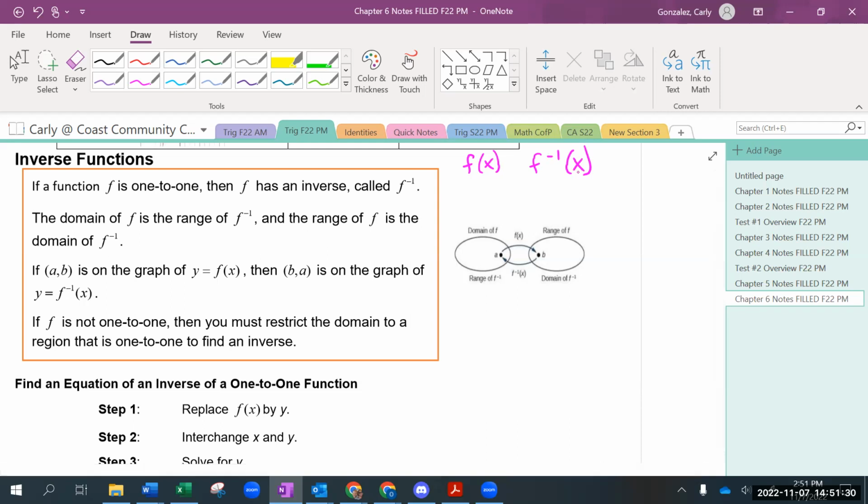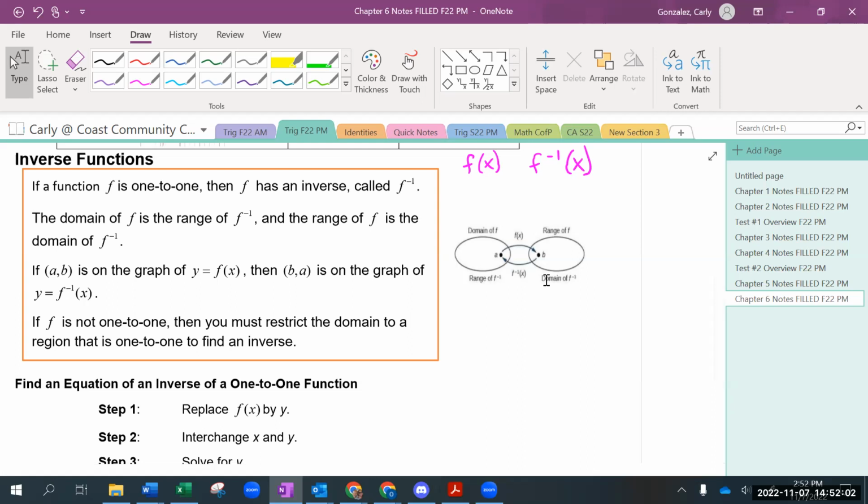So f inverse of x. If the function takes a to b, then the inverse function will take b to a. Therefore, the domain of f will be the same as the range of f inverse.